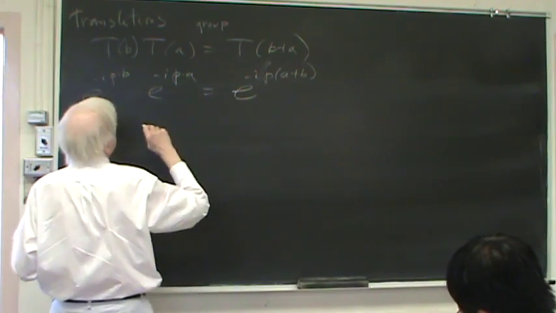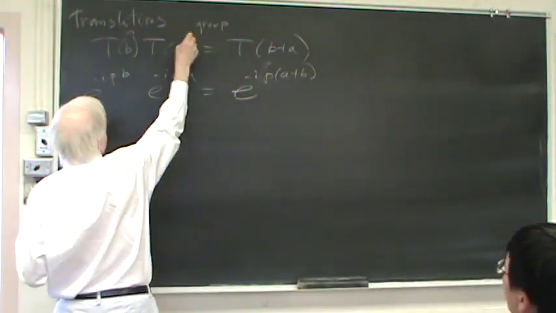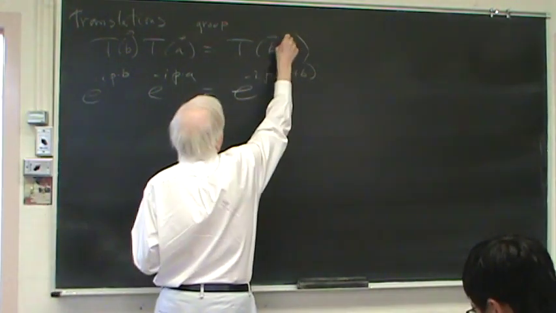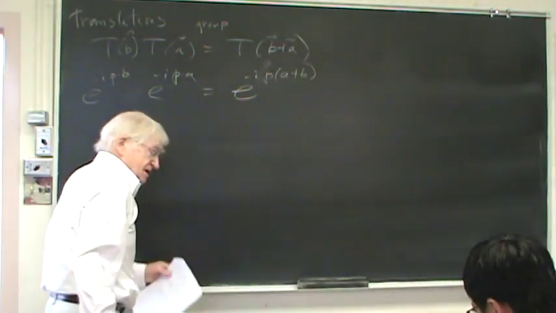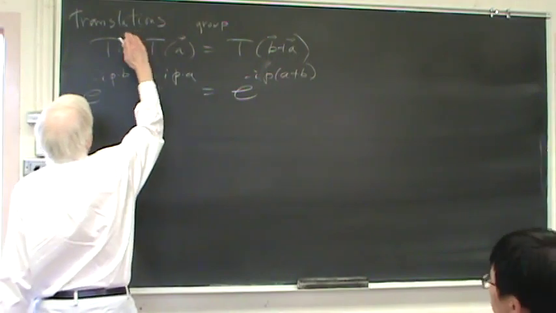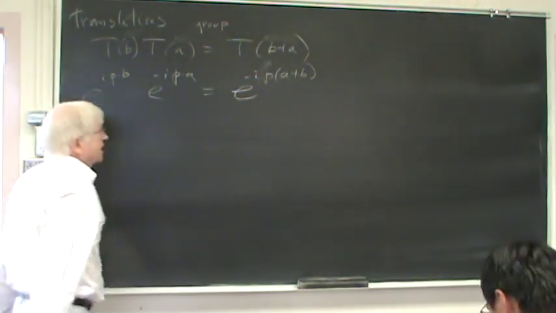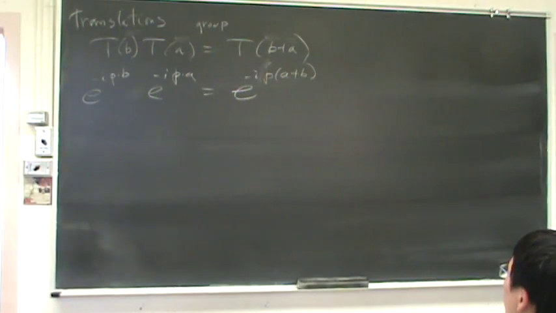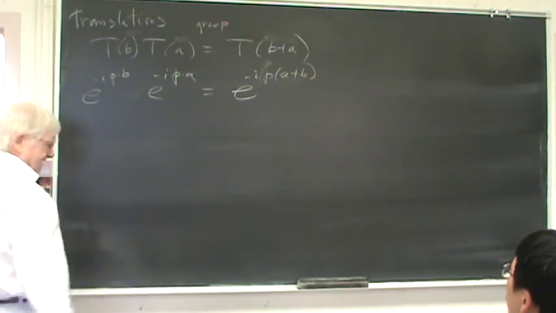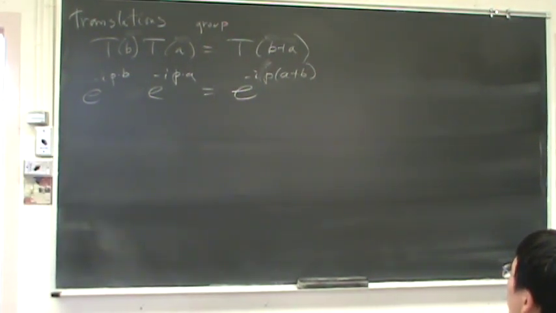And a and b here you should think of as 3-vectors, well, actually they can be 4-vectors. So let's call them 4-vectors, and I'll get rid of the arrows. Whether it's a dot product or not depends on what one means by a dot product.